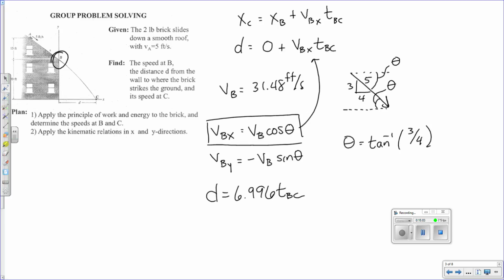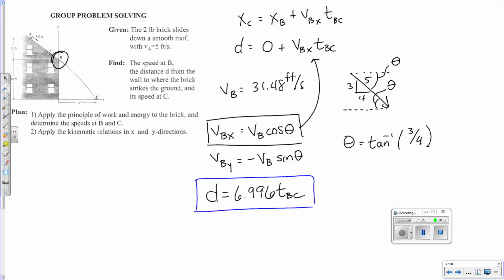Once we determine what theta is, we can plug it in for VBX. VBX is the initial speed VB, 31.48, times cosine of theta, that angle that you just determined. So the relationship between the range d and the flight time is circled now in blue.